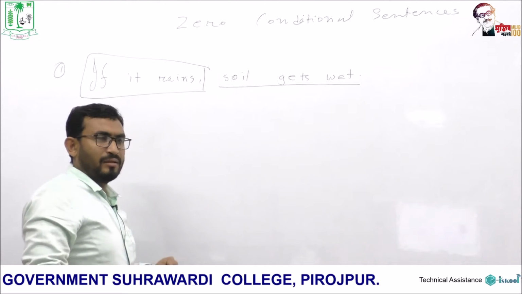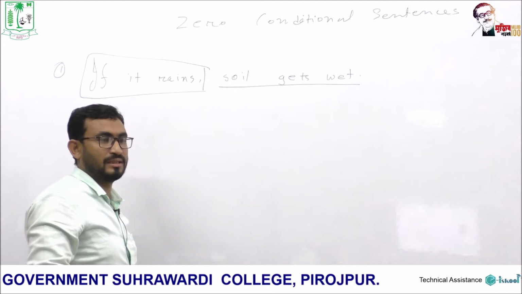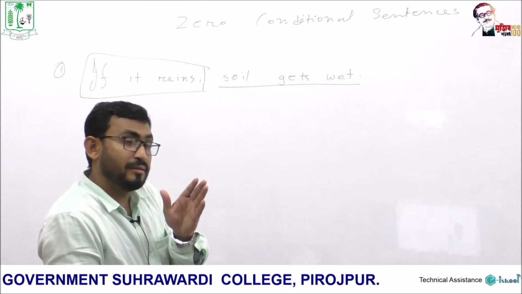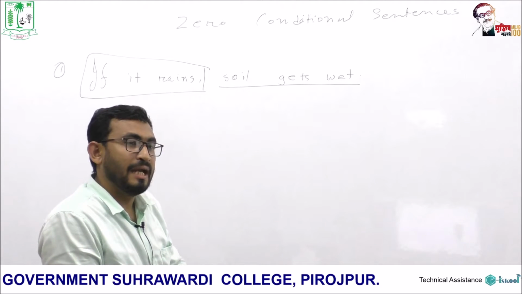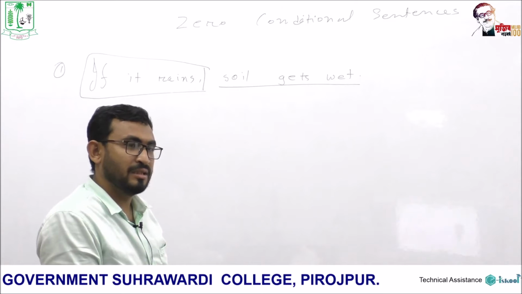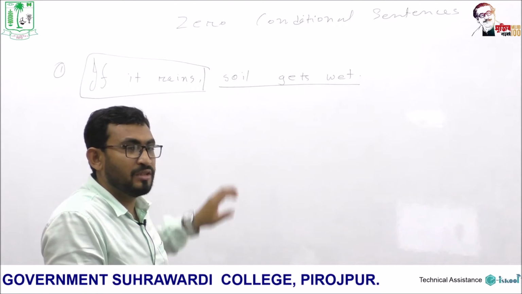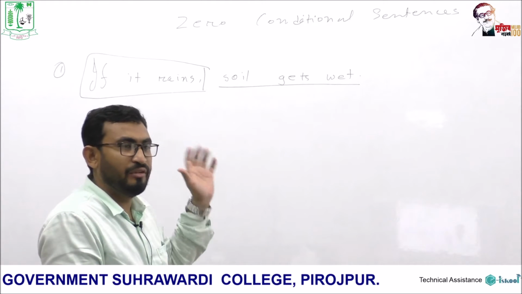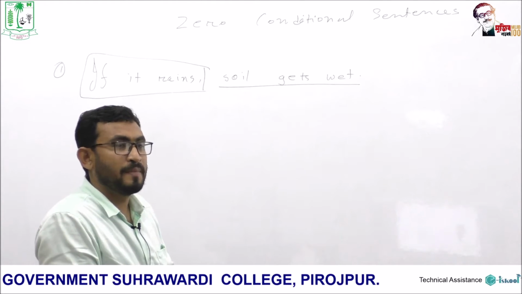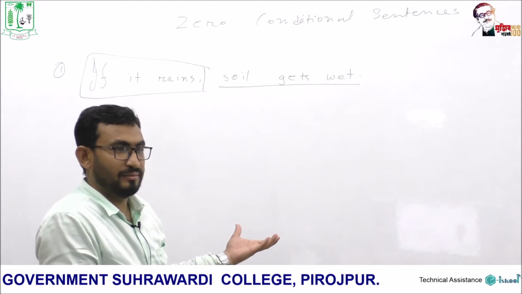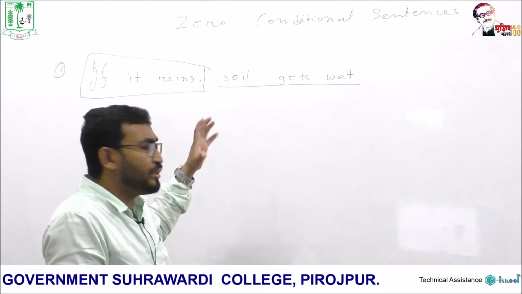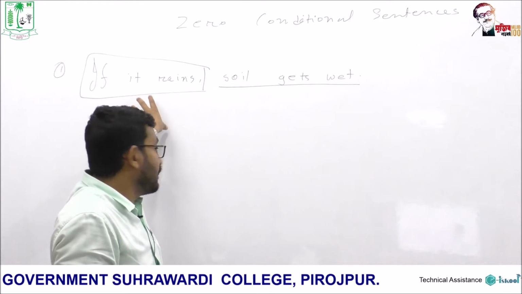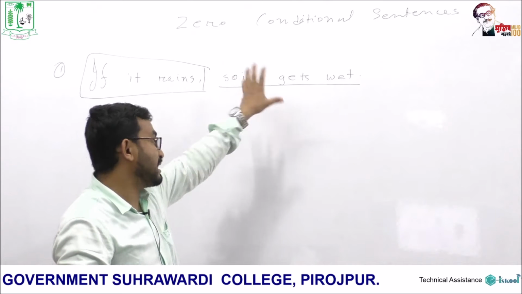So what is the basic principle of zero conditional sentence? Normally, anything scientific, anything universal truth, that is, if we talk about a universal truth, a scientific truth or scientific formula or rule or natural principle, then we use present tense in both principal clause and the subordinate clause.